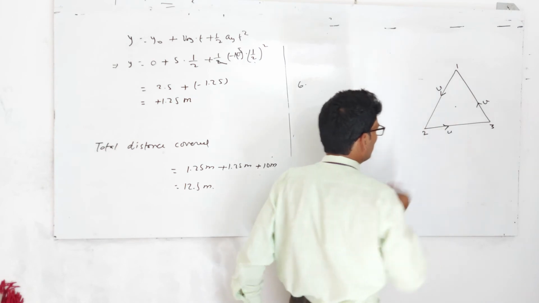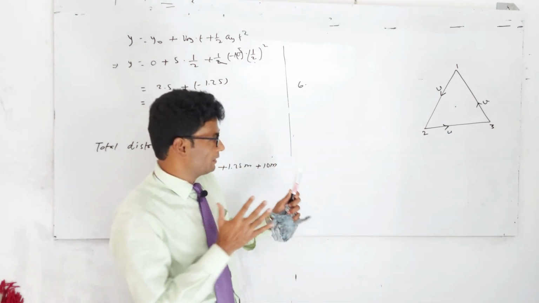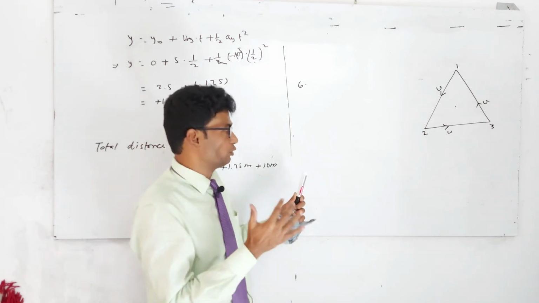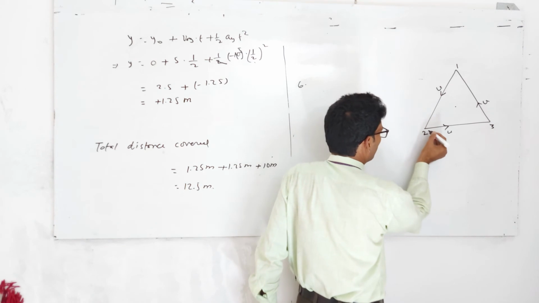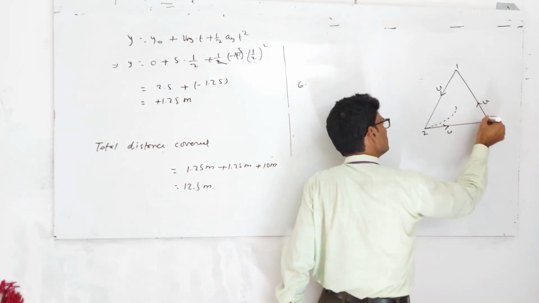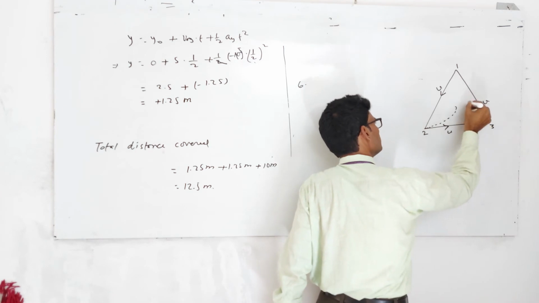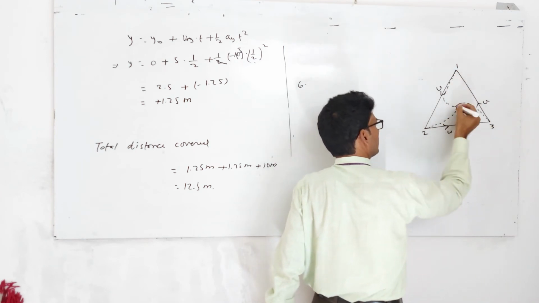However, path is very complicated because 1 headed 2, 2 headed 3, 3 headed 1. So path looks somehow like that.